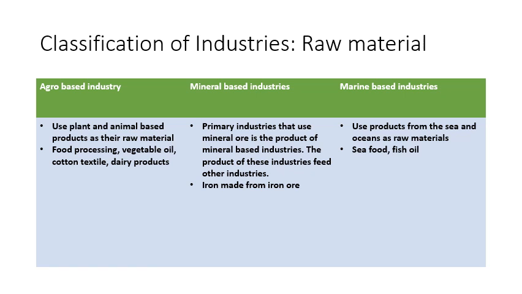Iron is used as a raw material of mineral-based industry, and it is very useful for building a house or heavy machinery. And what is marine-based industry? It is directly connected to the sea and the ocean for raw material, that is, seafood or fish oil.